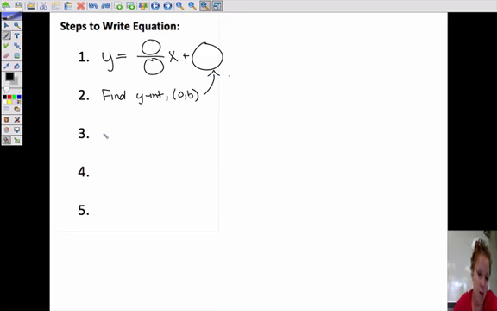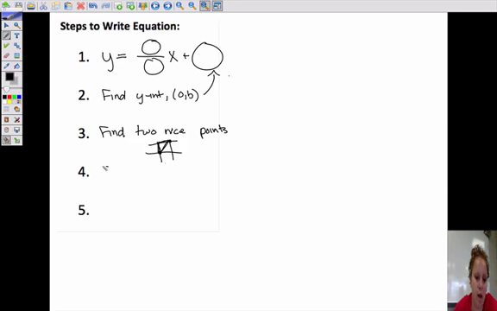Then to find the rise and the run, we're going to find 2 nice points. These nice points are going to help us find the rise and the run. By nice points, I mean points that land right on an intersection of 2 lines, where 2 lines cross so that we can make our triangle out of them.